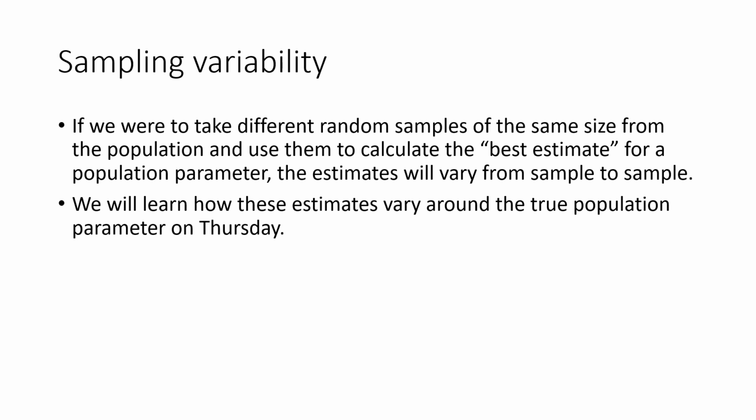So for instance, if we took a different sample of 802 randomly selected US adults, it probably wouldn't be exactly 53% of them who believed that minimum wage should be raised to $15 an hour. We'd probably get some other value for our sample statistic. And if I took another random sample, I'd probably get another different result again. It's likely that they'll be close to the same, but they won't be exactly the same.